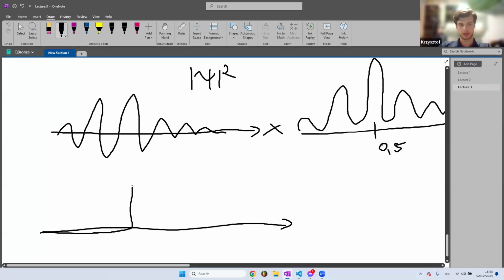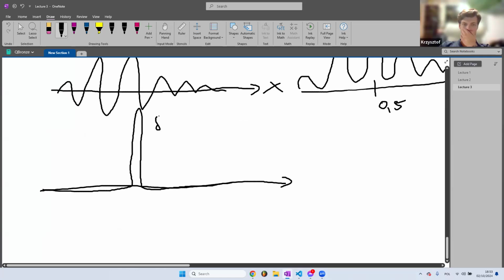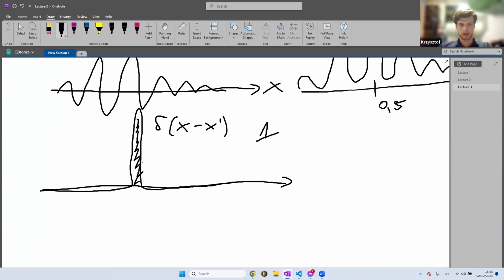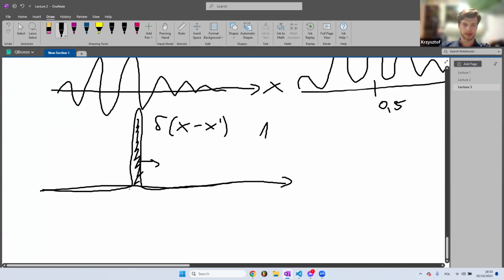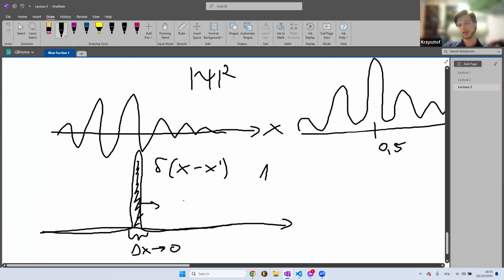It's quite a very special function, the delta Dirac function δ(x - x'). It happens that the area under this curve is equal to 1, but the width of this peak, this delta x, should approach 0. It's a very special and mathematically useful function.